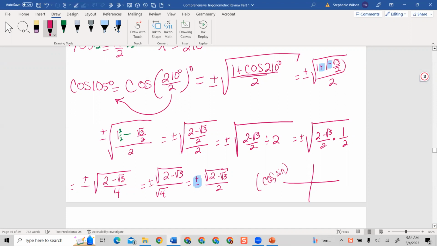The cosine of 210 degrees falls in this quadrant, right? 105 degrees falls in this quadrant, but we're looking at the cosine of 210 degrees. Cosine is negative in this quadrant. It's even negative in the second one, but it's negative in the third quadrant. Therefore, my answer here is going to be a negative value. So this is my answer. Okay, that ends that section.